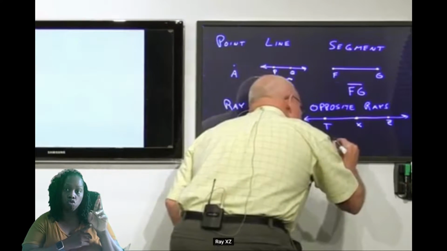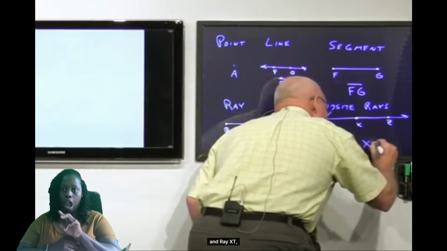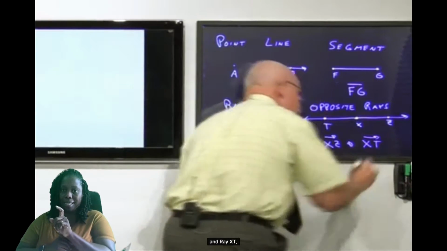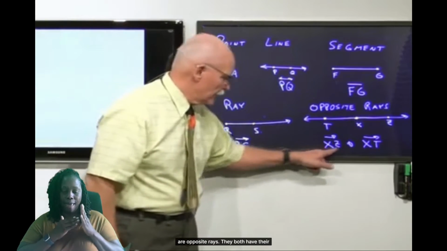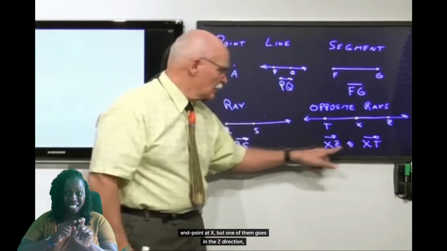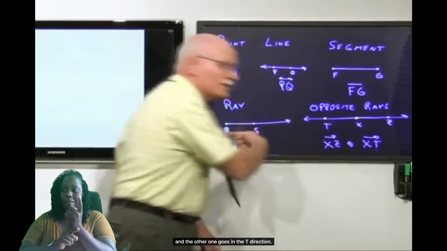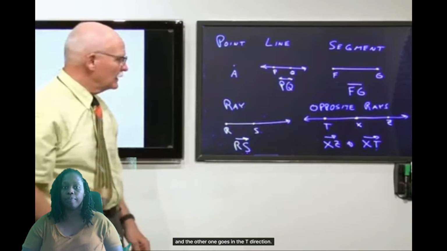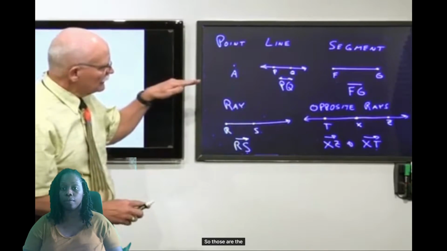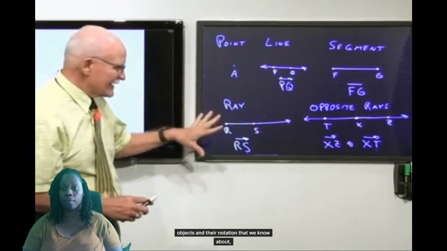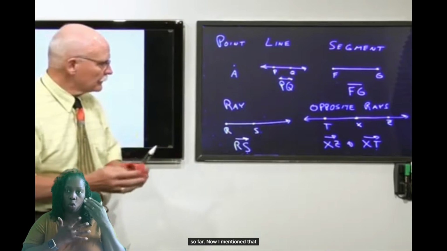Ray XZ and ray XT are opposite rays. They both have their endpoint at X, but one of them goes in the Z direction and the other one goes in the T direction. Okay? So those are the objects and their notation that we know about so far.